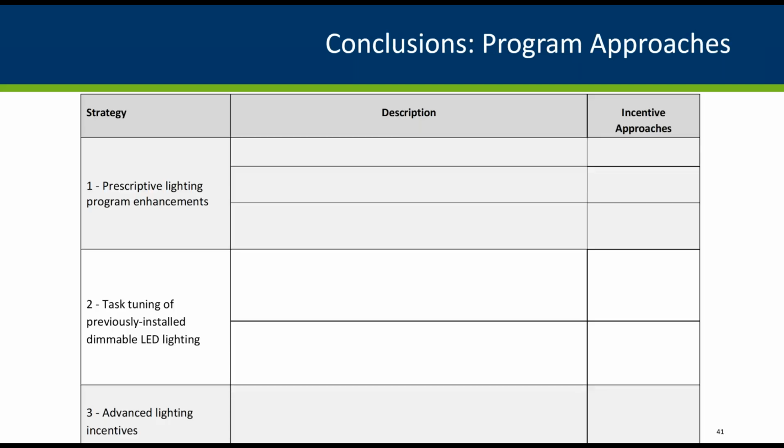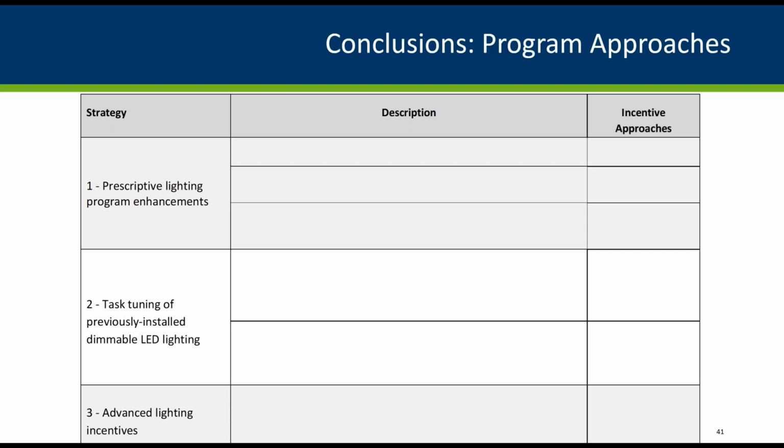In summary, there is growing potential in Minnesota to capture energy savings from advanced lighting control strategies. LEDs are inherently dimmable and are gaining market share. Additionally, building codes will further drive the market toward dimmable lighting systems. Today, even when dimmable lighting systems are installed, tuning the system is not standard practice, and many spaces are overlit as a result.